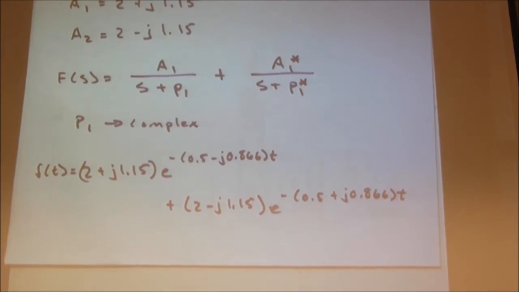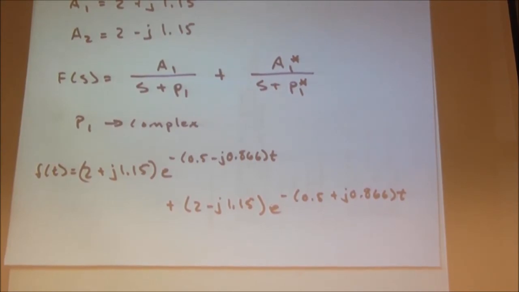That would be our solution. I accept that as a solution. That's a valid representation of an exponentially decaying sinusoid. Maybe not something we can easily visualize, but that's legitimate.